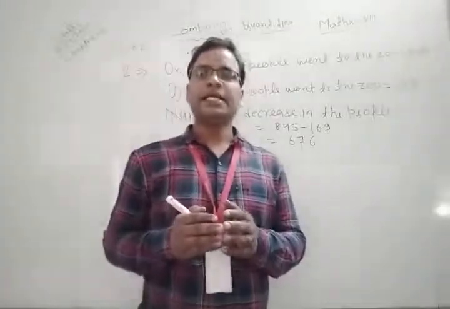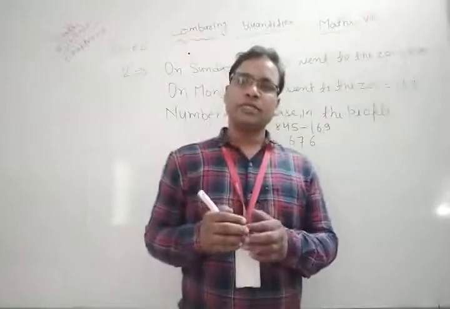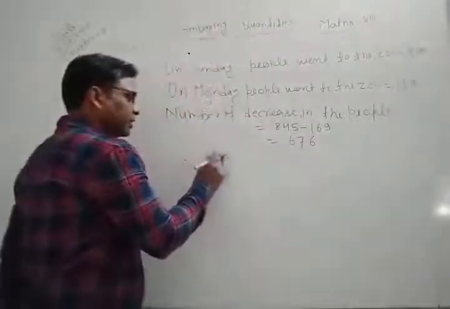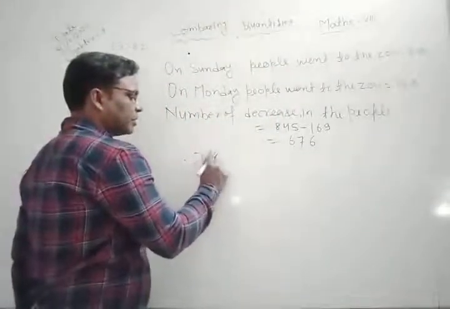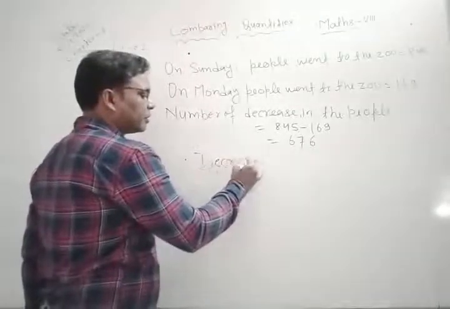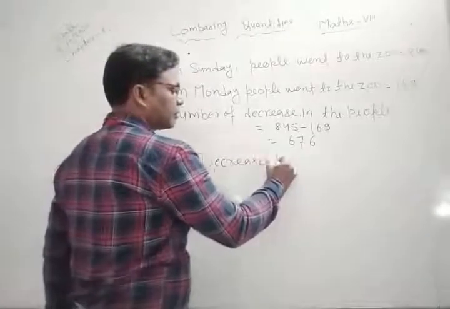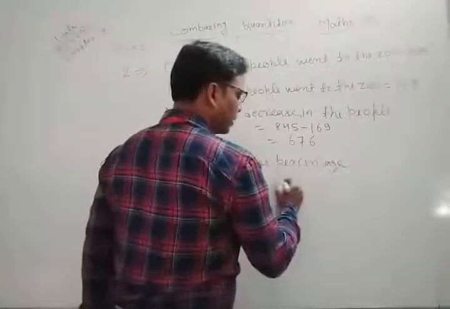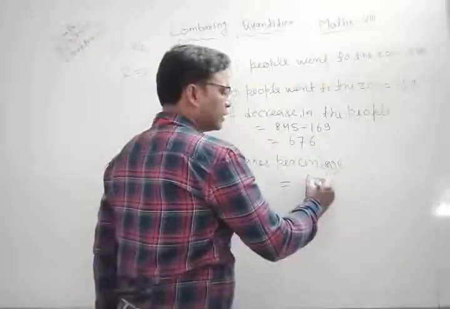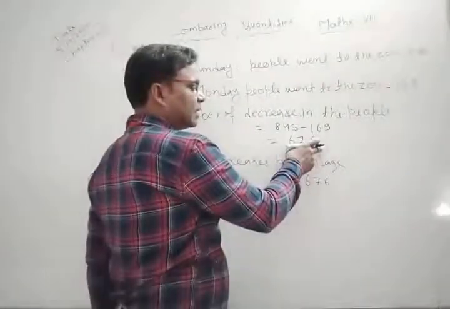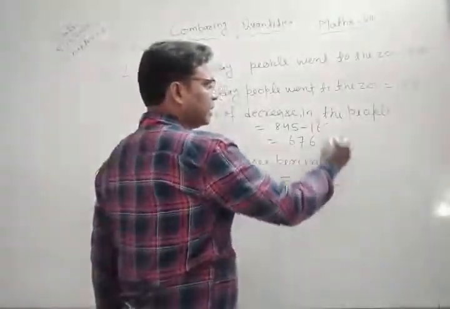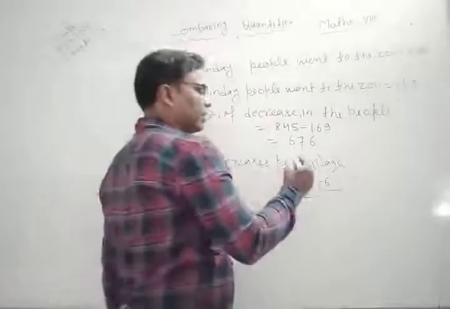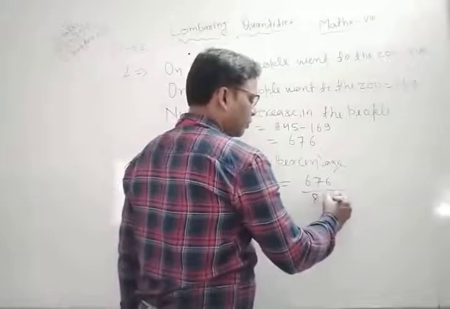We need to find the decrease in the people visiting the zoo. So what will be the decrease percentage? Decrease percentage is equal to the number of people decreased, 676, divided by the people who went to the zoo on Sunday, 845, into 100.